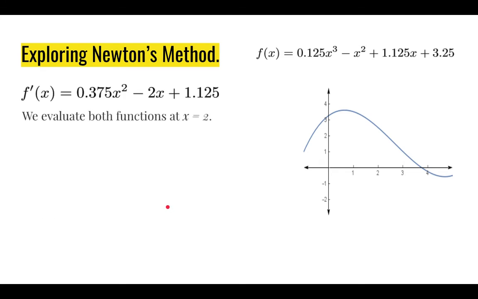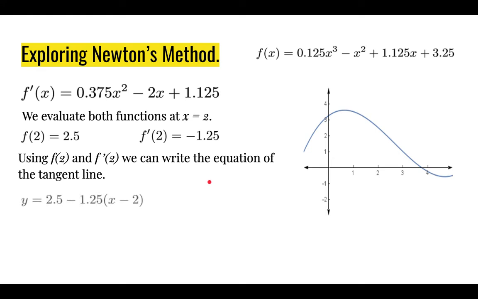Now with that, we're going to find f of 2 and f prime of 2. Because now we know a point and we know a slope, we can write the equation of the line. So it's the point, 2.5, plus the slope, negative 1.25, times x minus 2. That's my linear approximation.